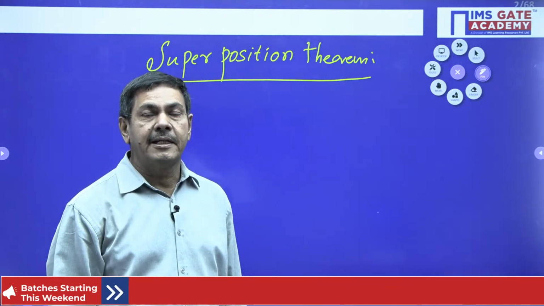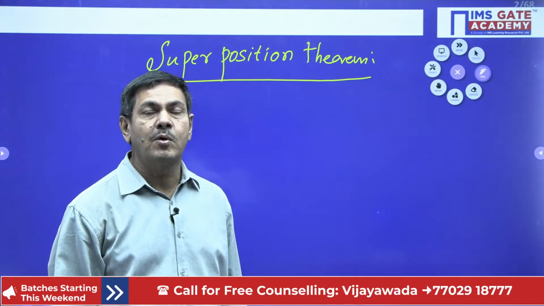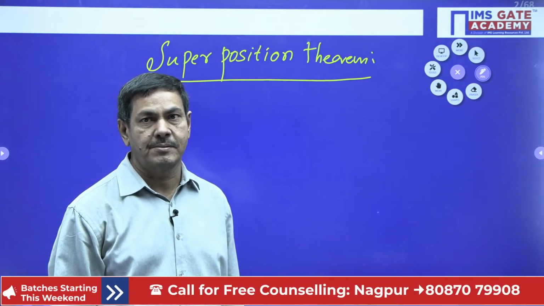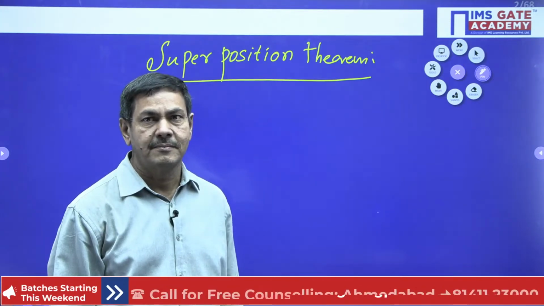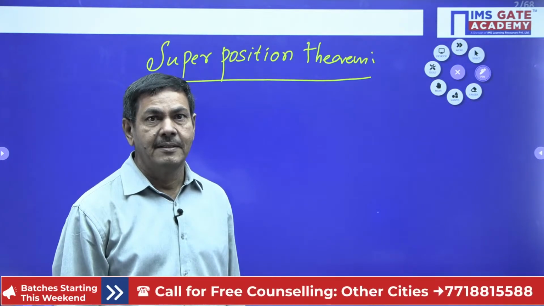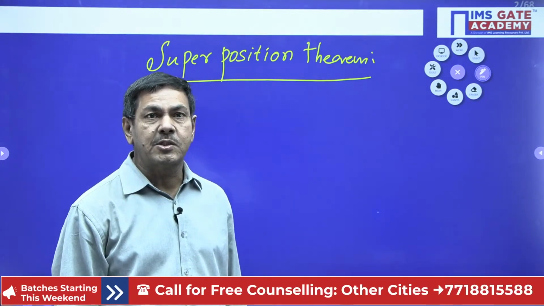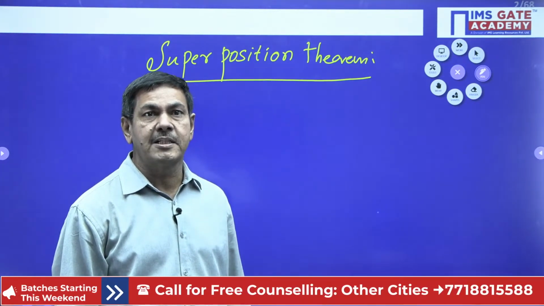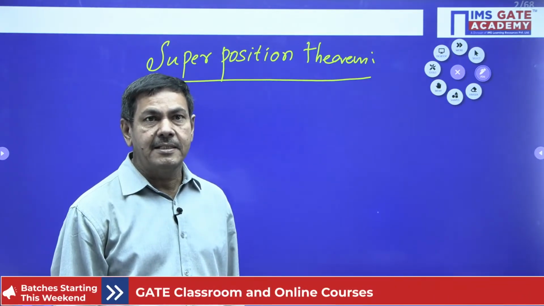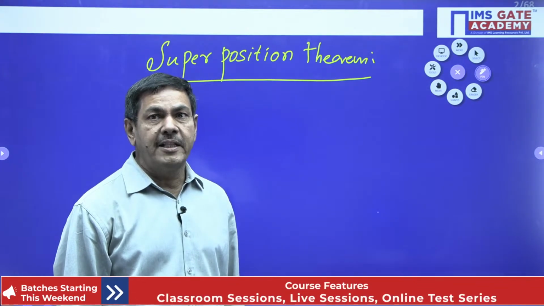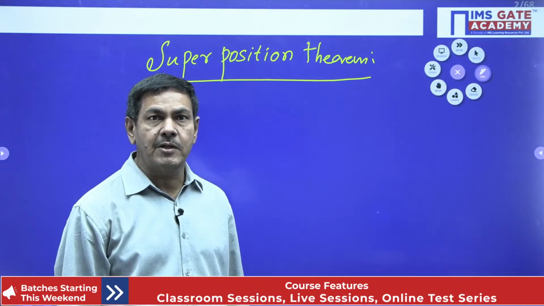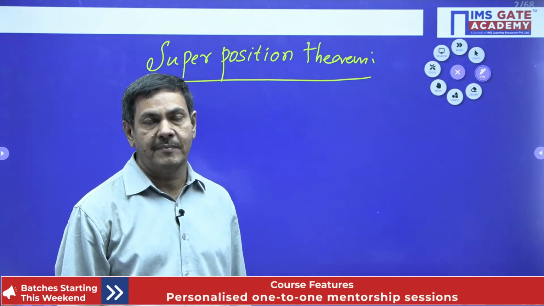Whenever any network contains more than one source, maybe a voltage source, maybe a current source, or both, then you can apply this superposition theorem. The more than one source can be independent sources or dependent sources. Whenever you have more than one independent source in the network, you are going to apply the superposition theorem.